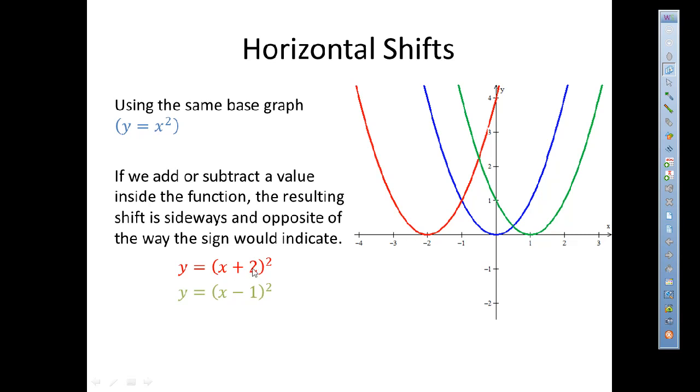So we've added the 2 inside the function, and plus 2 actually takes it and shifts it to the left 2 units, not to the right. And x minus 1 quantity squared, with the minus 1 we would think to go left, but it actually is going to go right. Any transformation that you do inside goes opposite the way you would think about it.